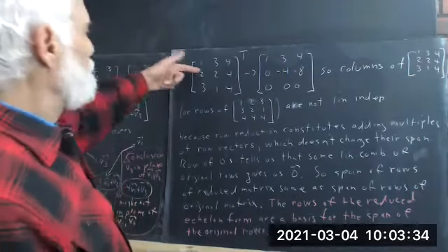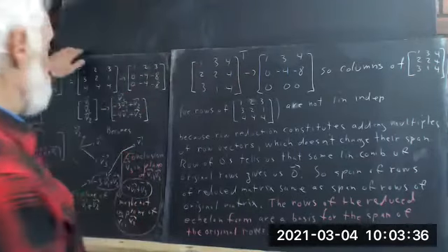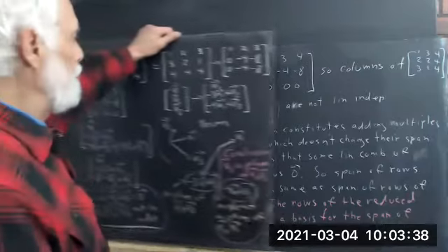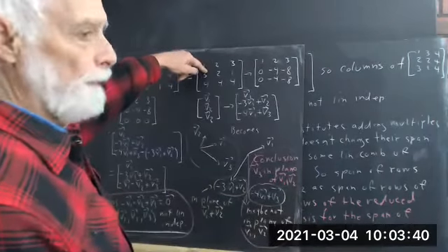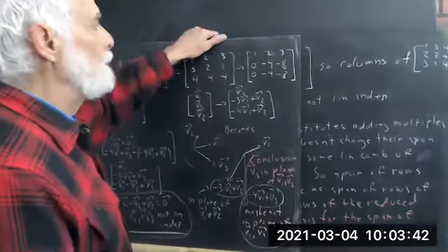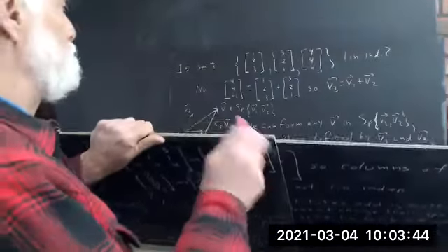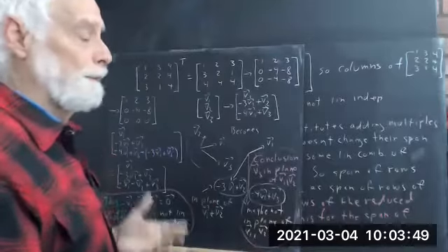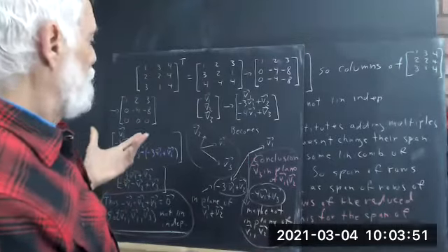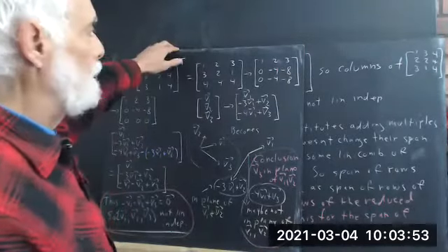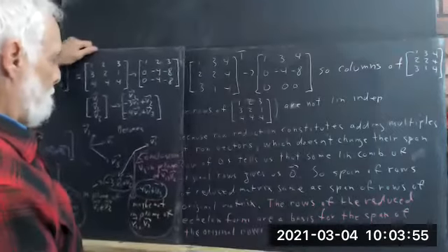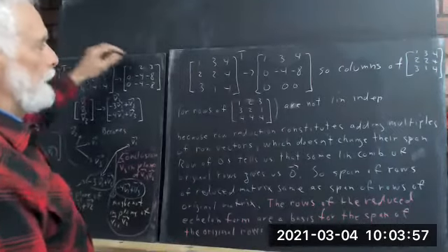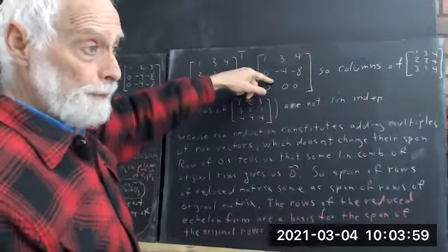So the original rows of the transpose matrix, which we have here, are the vectors that we started with here. So now we have, well, here's a basis.